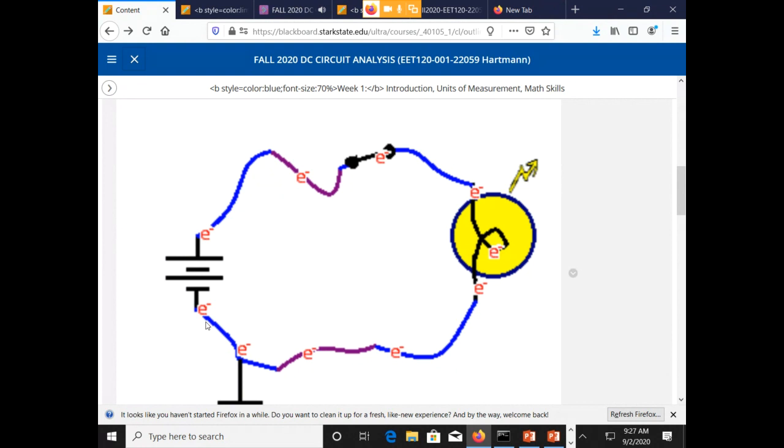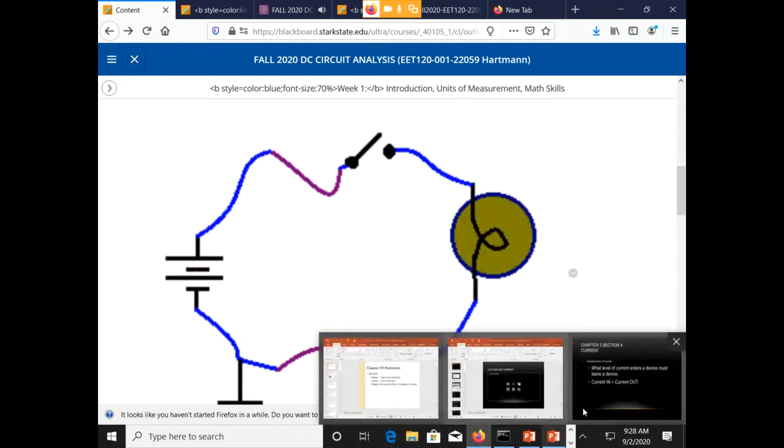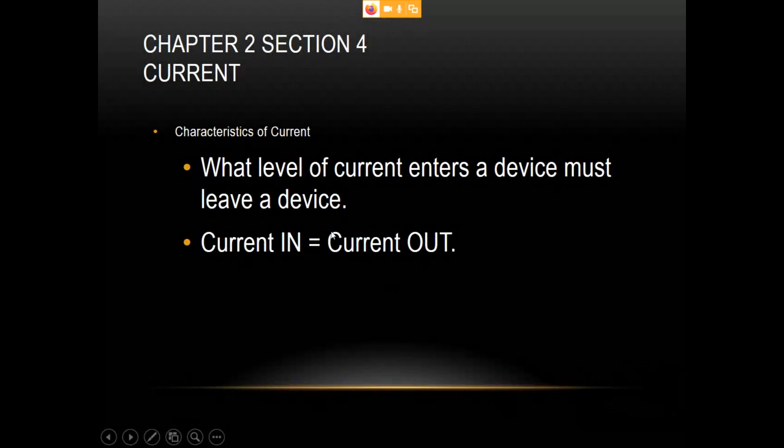So like I say, the electrons actually coming out may never actually make it all the way back around through the battery, but the same amount of electrons that came out of the bottom of the battery are going to go into the top. Not the same electrons, but the same number of electrons. All right, so current in is always equal to current out.